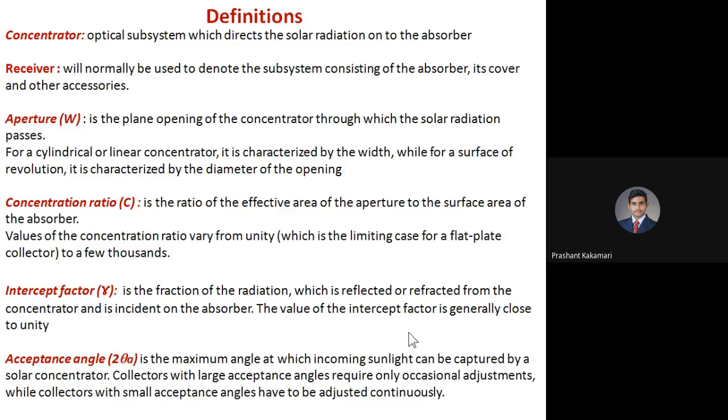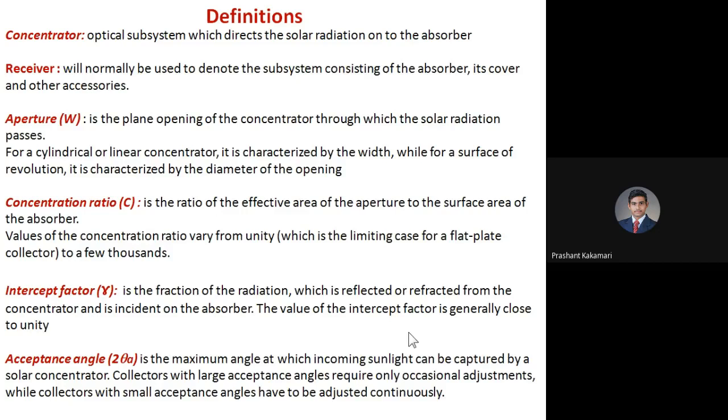One can recall the flat plate collector, where the area of the aperture or the receiver is the same as the glass cover. Both the areas are the same, so the concentration of the solar energy is not happening. Whatever energy is received directly on the open area, the same energy is utilized. So it is not called a concentrating collector.